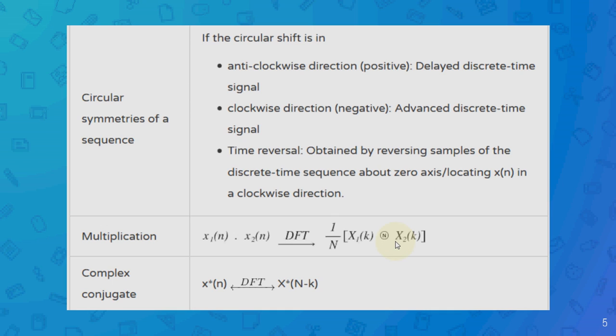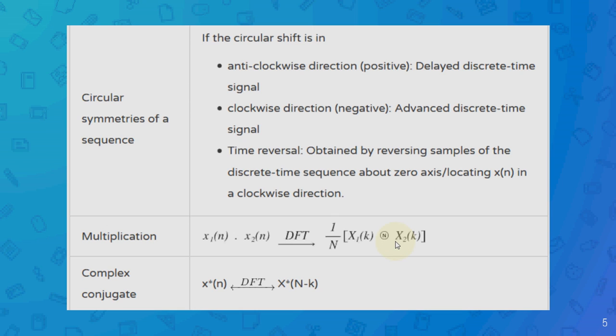Circular symmetric properties: if the circular shift is in the anti-clockwise direction, meaning positive direction, that is a delayed discrete time signal. Clockwise direction means negative direction, an advanced discrete time signal. Time reversal is obtained by reversing the samples of the discrete time signal about the zero axis, or locating x of n in the clockwise direction.